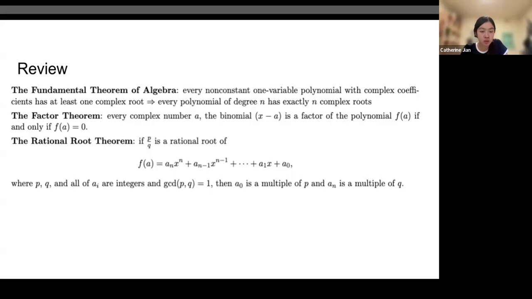And the rational root theorem states that if p over q is a rational root of f(x) equals a_n times x to the n plus a_(n-1) times x to the n minus 1 plus dot dot dot plus a_1 x plus a_0, where p, q, and all of the a_i are integers, and the greatest common divisor of p and q is equal to 1, then a_0 is a multiple of p and a_n is a multiple of q. This is a prerequisite, and it should be covered in algebra too.